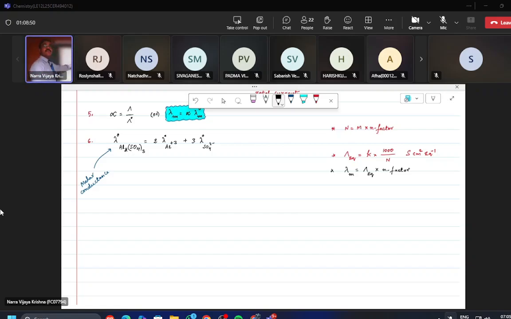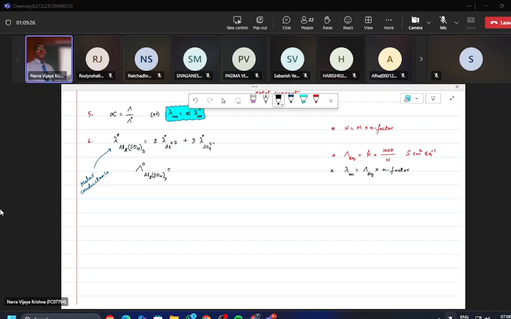Same way here also. If I divide that molar conductance with its n factor, what will I get? Equivalent conductance of Al2(SO4)3 can be written as molar conductance divided by 6.